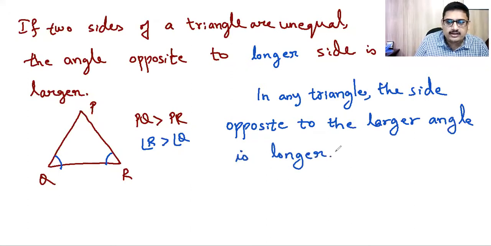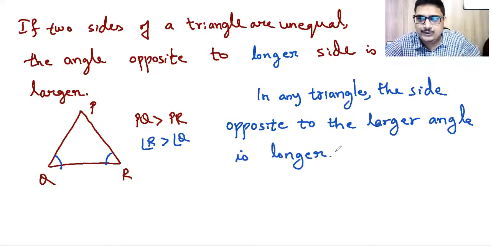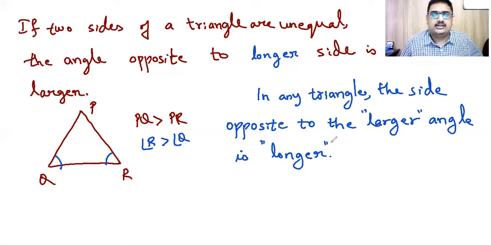See students, what adjective are we using here? We are not saying long or large. We are using the comparative adjectives longer and larger. So we are comparing two sides and two angles, and we are saying that in any triangle, the side opposite to the larger angle is longer.